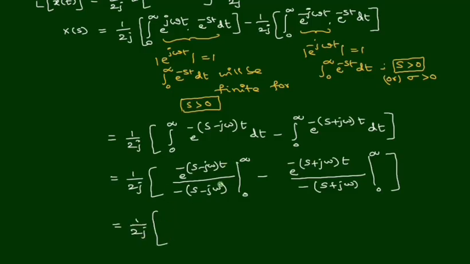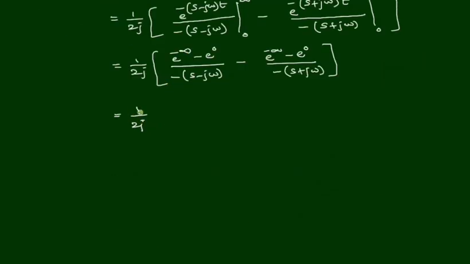We substitute the limits. The first limit is e power minus infinity minus e power 0 divided by minus of s minus j omega, minus the second term, e power minus infinity minus e power 0 divided by minus of s plus j omega.